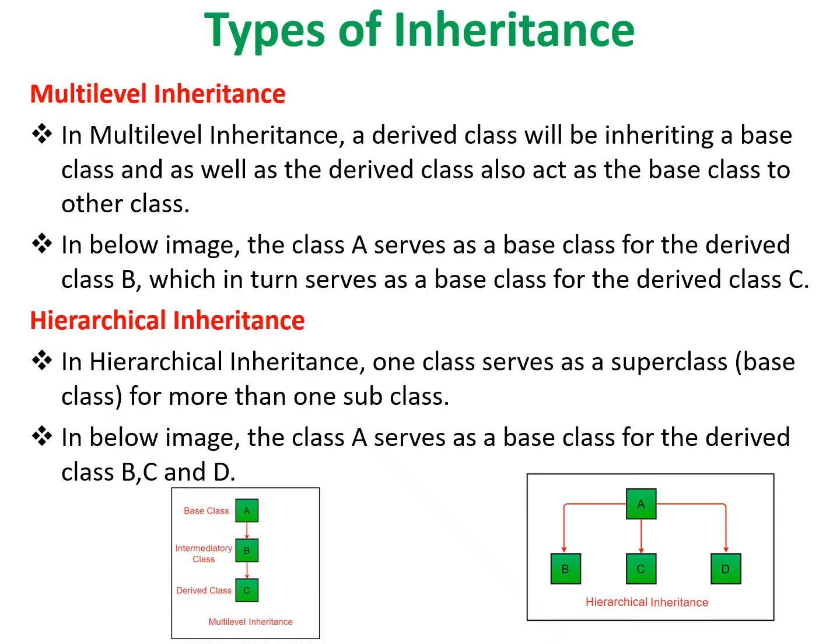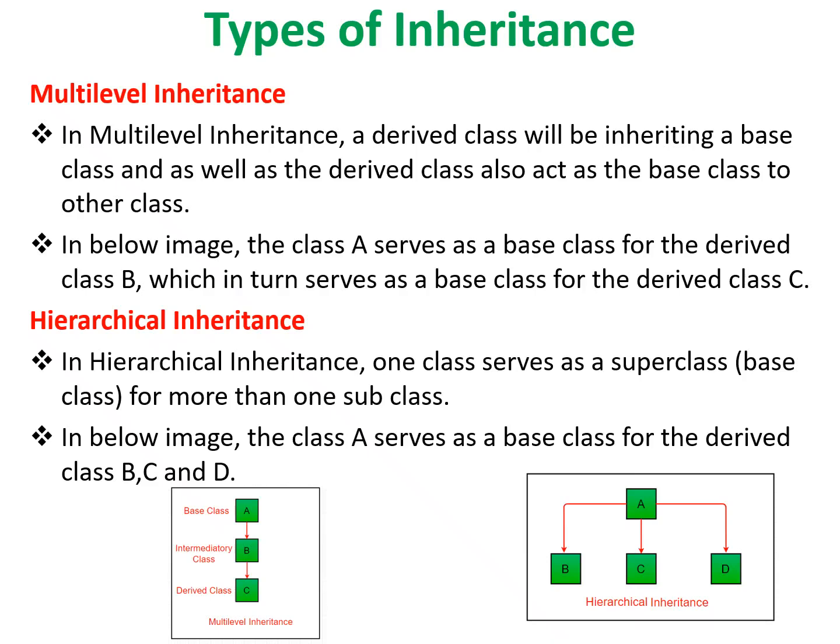In the image below, class A is the base class of derived class B, which in turn serves as the base class of the derived class C. Here there are three classes: A, B, C. A chain of inheritance, for example, grandfather, father, and son. In Java, class C extends B, and class B extends A.